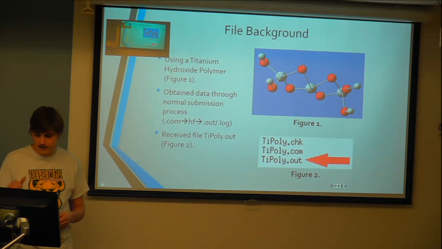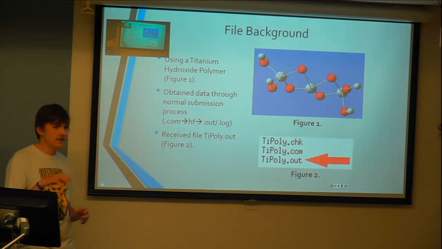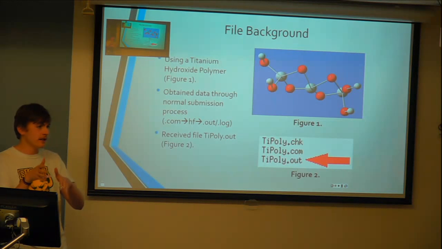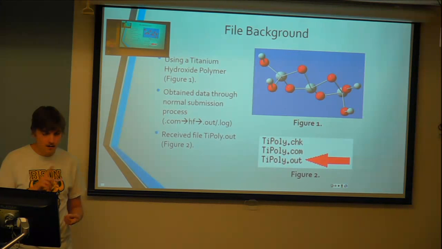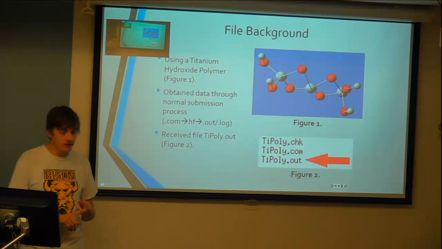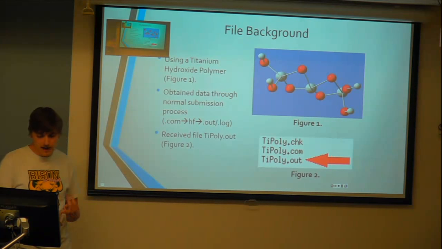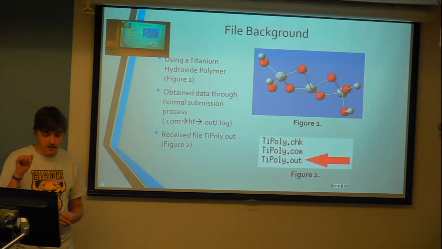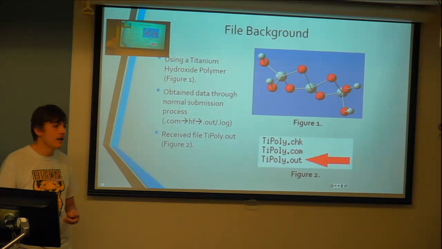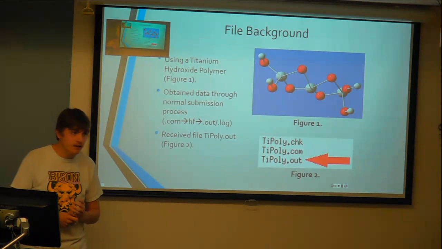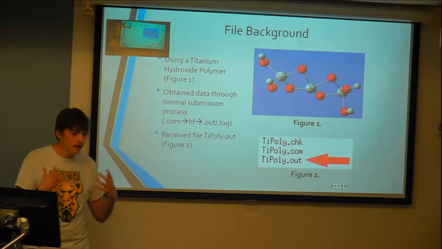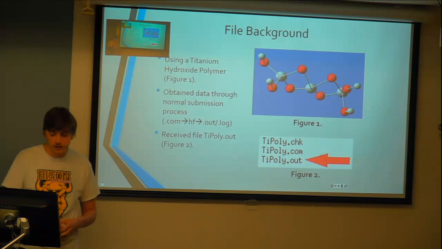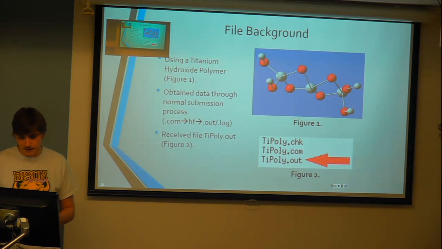And then I just went through all the normal processes, basically getting us up to the point that Christian was just talking about, by creating .com files using Hartree-Fock methods, and then obtaining what I was looking for, this ti-poly.out file. That out file is what allows us to actually start to plot those density of states functions.